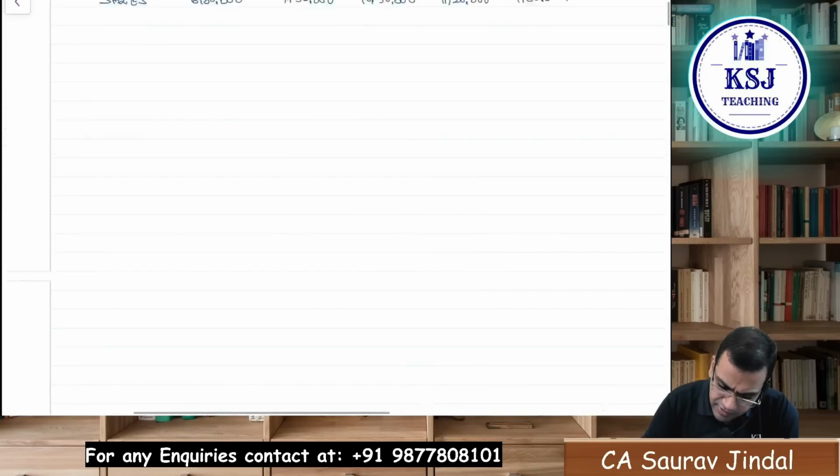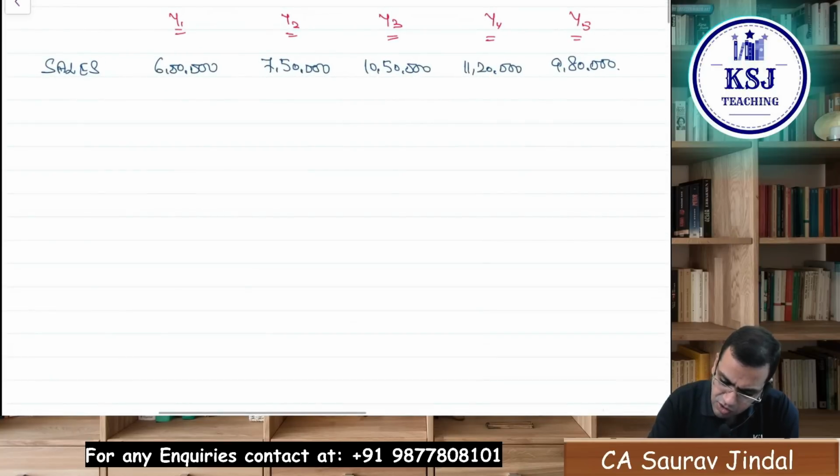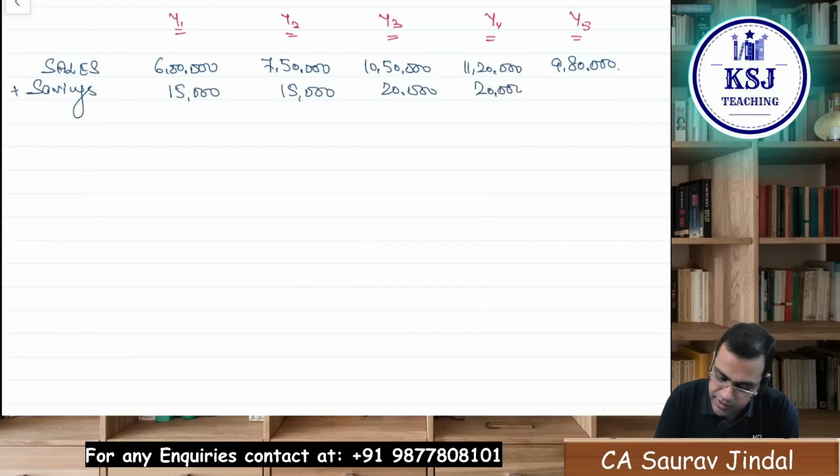Fine, sir. Then we have savings in cost. I will add savings. That is 15,000, 15,000, then 20,000, 20,000 and 20,000. Sales plus the savings is your total inflow.